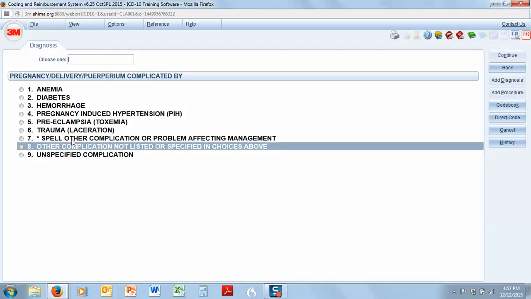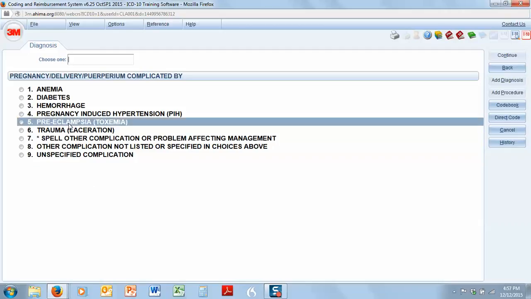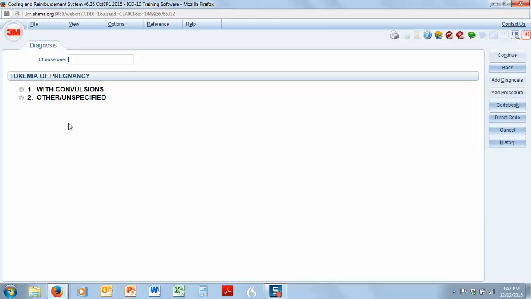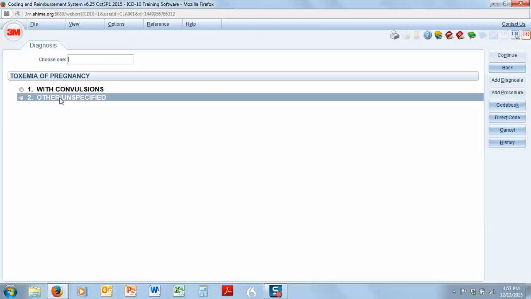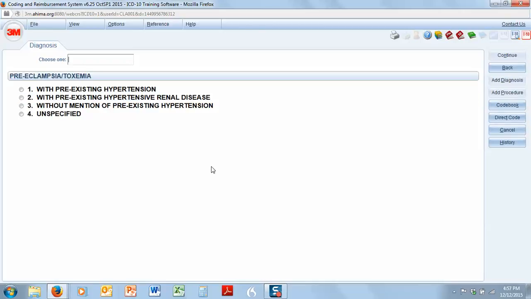And sure enough, here we have preeclampsia. So we'll choose preeclampsia. Now, it's going to ask us if she had convulsions or something else. Well, it doesn't mention. Convulsions are very common with preeclampsia if it's severe enough. However, she didn't have any according to the documentation we have. So we're going to choose other and unspecified. Now, here you're going to be tempted at this point to pick unspecified, because what they're giving us is a listing of why could she possibly have had preeclampsia?